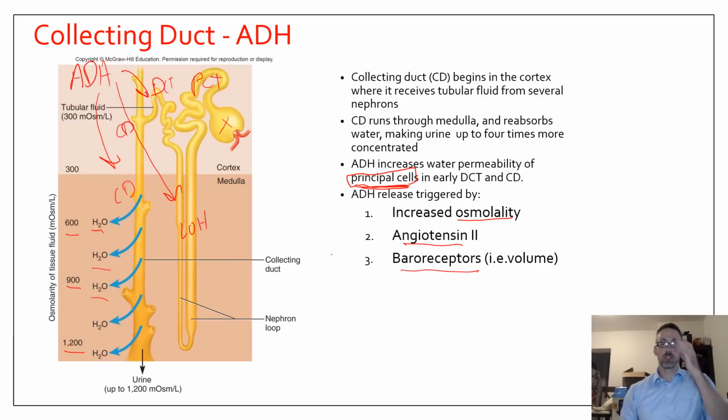When baroreceptors sense, say, a drop in our pressure, they fire less frequently, it increases sympathetic output. This can induce the release of ADH, which can help bring up that volume and that blood pressure as well. But the most prominent stimulators are going to be an increase in osmolality as well as angiotensin 2.